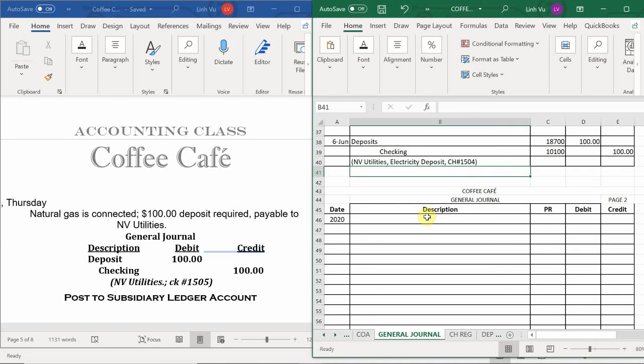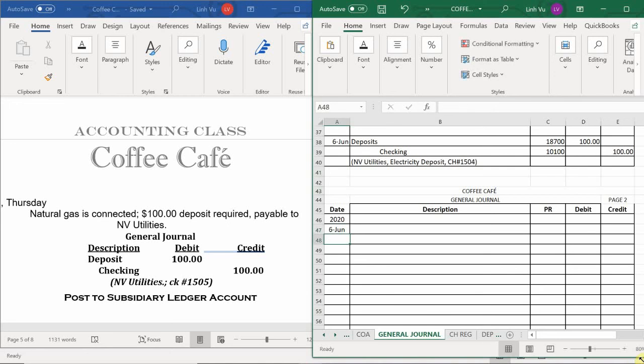Water and gas are usually paid together; electricity is always separate. That's exactly what NV Utilities did here. They said, since you want the gas to be turned on and the water to be run, you're going to have to put another deposit down to connect the service.